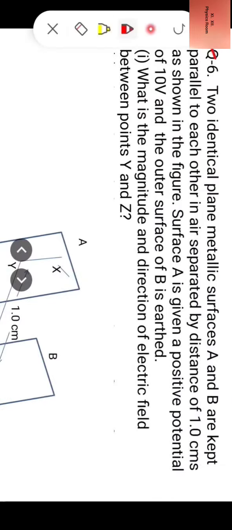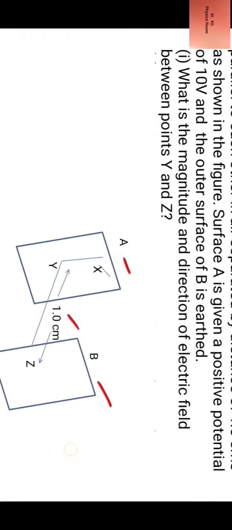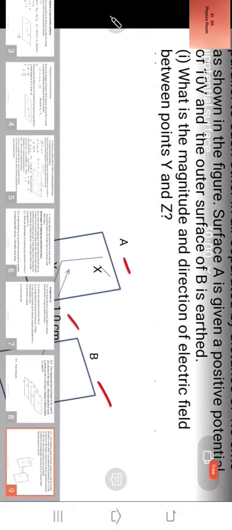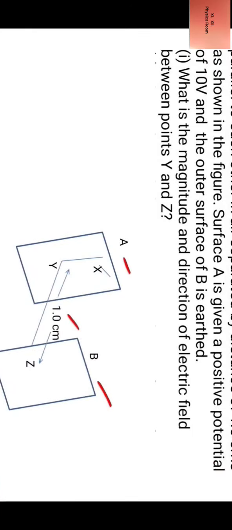Question number 6: Two identical plane metallic surfaces A and B are kept parallel to each other in air, separated by a distance of 1.0 centimeter as shown in the diagram. Surface A is given a positive potential of 10 volt and the outer surface B is earthed.